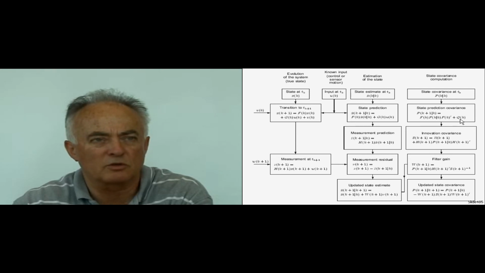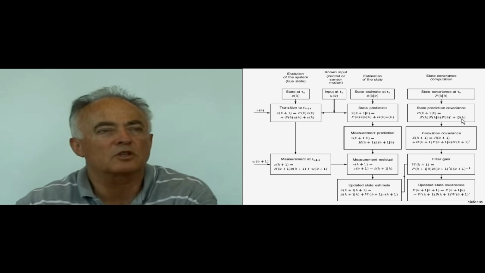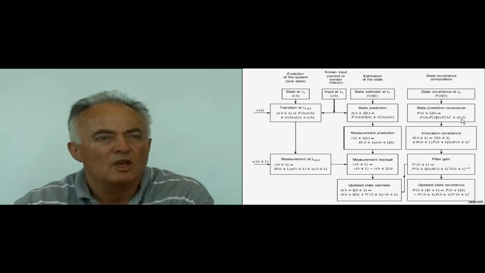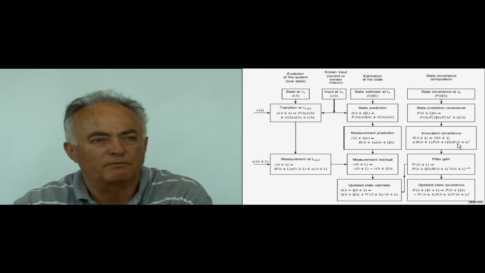Here is the process noise uncertainty, quantified by this covariance matrix Q_k. The innovation covariance S_{k+1}, or the measurement residual covariance, is R_{k+1} plus H_{k+1} P_{k+1|k} H_{k+1}'.